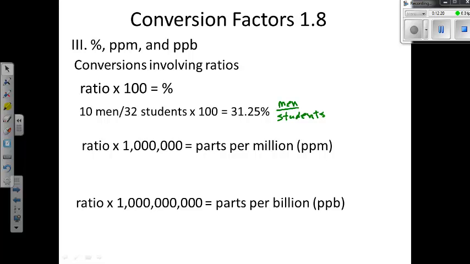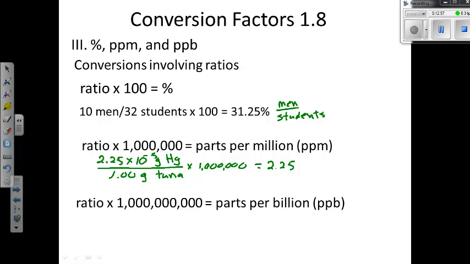So let's say you have 2.25 times 10 to the minus fifth grams of mercury, Hg is mercury, in 1.00 gram of tuna, and you take that number and multiply it times 1 million, and that would be 2.25 times 10 to the 1 ppm.